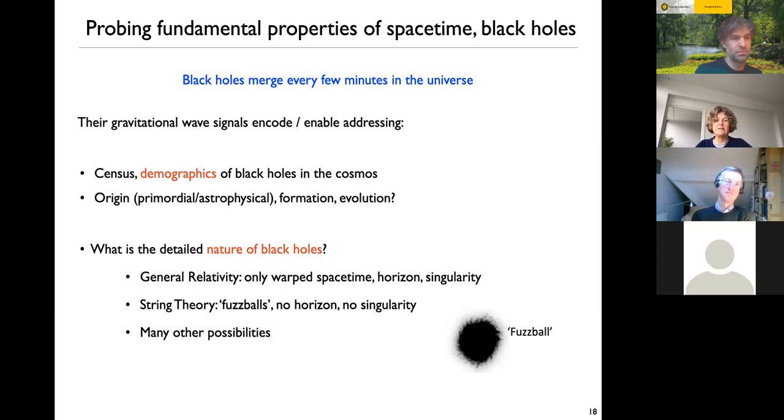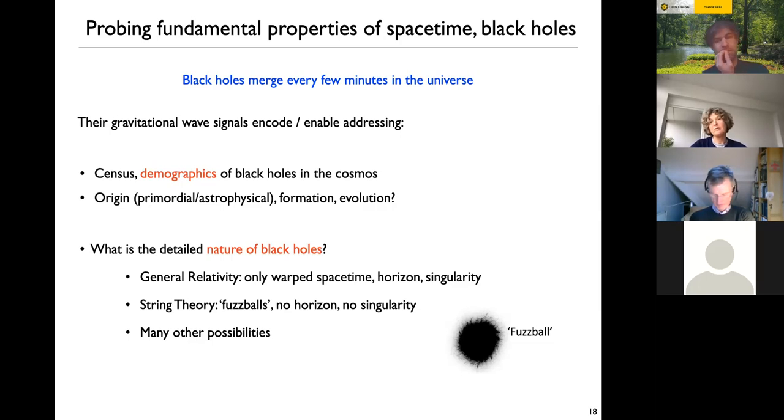For example, in string theory, there are some indications that what looks from far away like a black hole is actually a so-called fuzzball, which is a technical term for an object that has, instead of an event horizon, some fuzzy, stringy, quantum-y structure. And in the interior, the space-time at some point ends and there is no singularity.